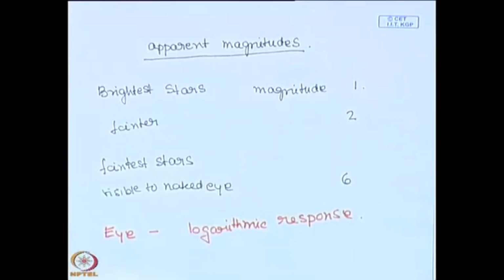What do we mean by this? What we mean is that if you have an object and you have another object, if you increase the flux by 2 times, it will not appear twice as bright to you. The difference will be relatively small. It is the log of the ratio that you will see as the change in the brightness.